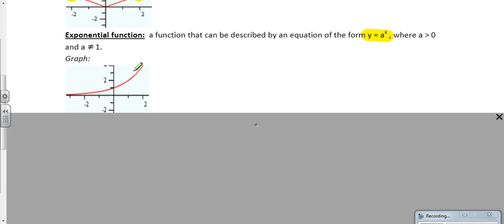You see how it grows exponentially? And that's the power. That's why with the variable in the exponent position, it can increase dramatically. So 2 to the second power compared to 2 to the fifth power, that's a pretty big difference in values. So it increases very quickly.